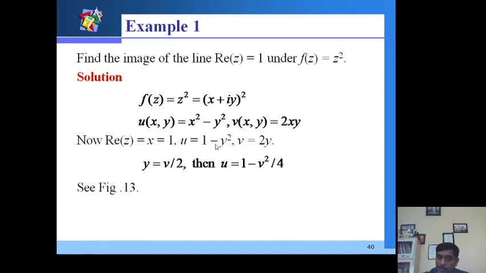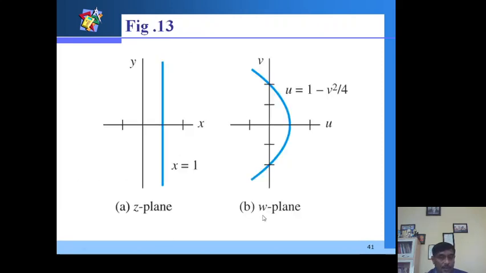If you put it here, you can substitute y is equal to v by 2. Then u is equal to 1 minus v squared by 4. In a similar way, we can say that v square is equal to 4 into 1 minus u, which is a parabola. You can see here it is a parabola.